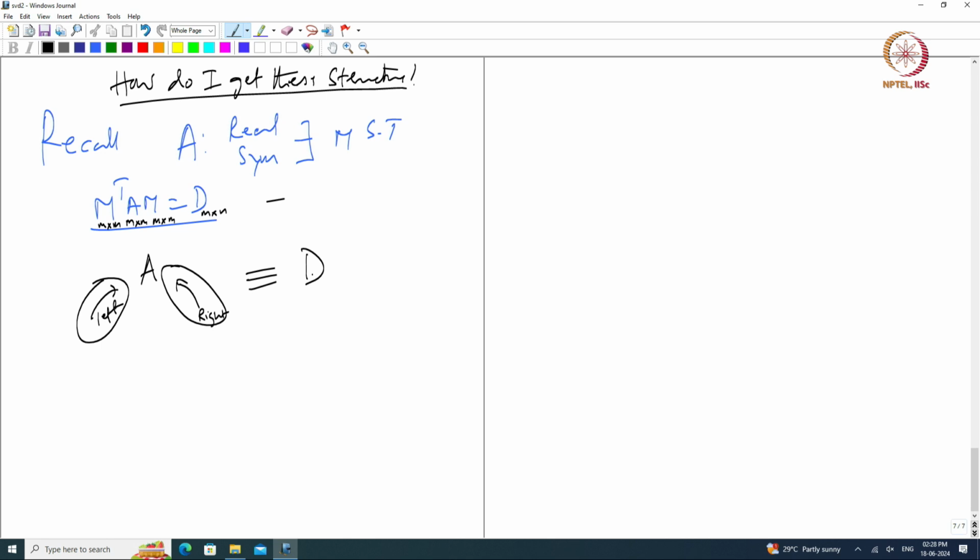A is basically factored out, A is stretched out, pulled apart, and the D part sticks out.